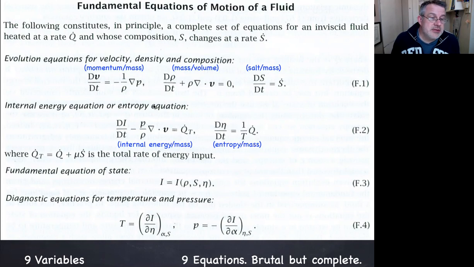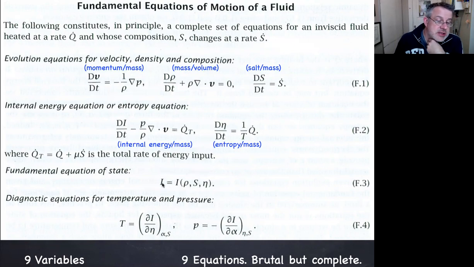Okay, how many equations have we got here? 1, 2, 3, and this is actually 3 equations because they're 3 different components. So 3, 4, 5. One of those, you can use either one or the other, to be 6. And if you count the number of degrees of freedom we have, 1, 2, 3 velocities, 1 density, 1 pressure, 1 salinity, 1 temperature, 1 entropy or energy, then we need one more equation, and that's the fundamental equation of state.